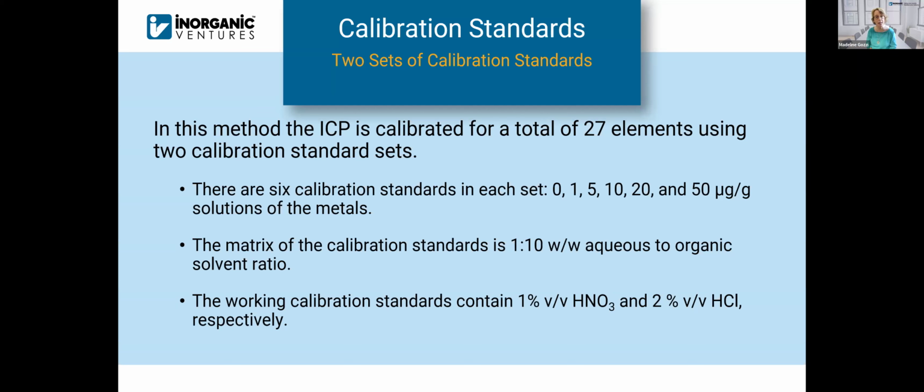The matrix of the calibration standards after dilution is 1 to 10 weight to weight, aqueous to organic solvent ratio. And the working calibration standards contain 1% volume to volume nitric acid, and the second set contains 2% volume to volume HCl.